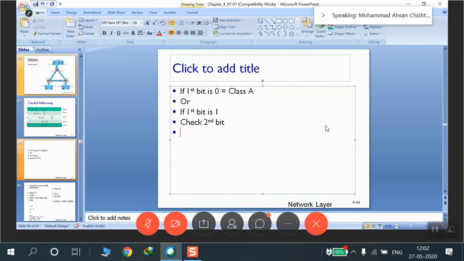Within the second bit, if the second bit is 0, it is class B. Or if the second bit is 1, check the third bit.